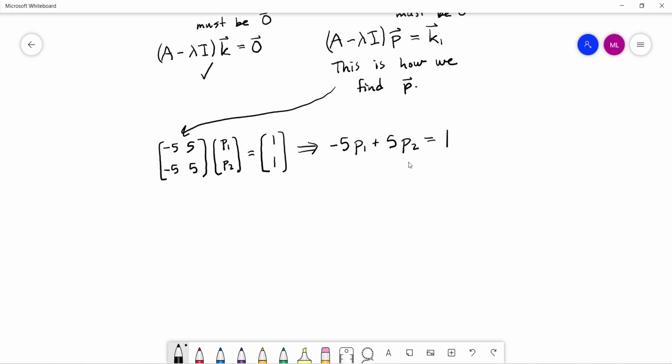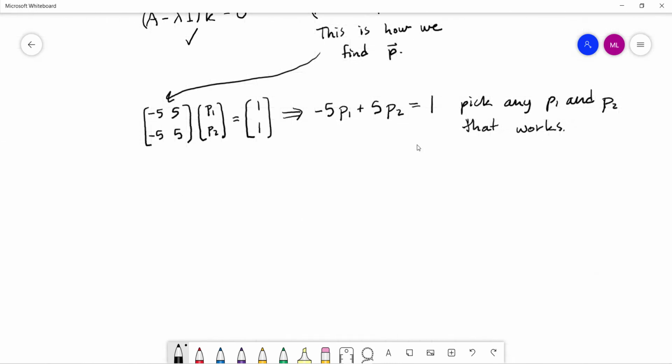And again, we don't have to find a specific value. We have one equation here with two unknowns. There's going to be an infinite number of solutions here. So pick any p1 and p2 that works.